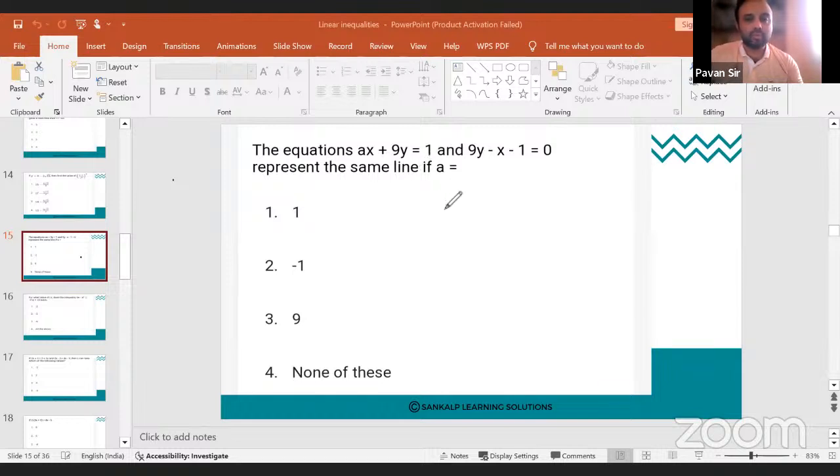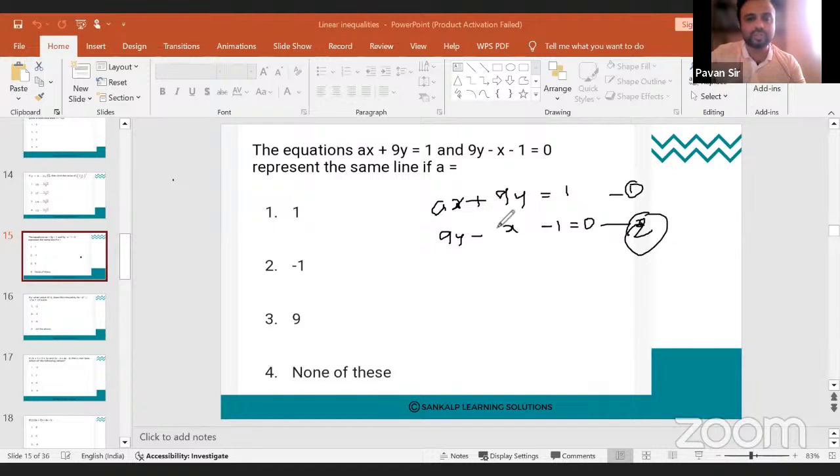Just write down both the equations. ax plus 9y is 1, this is the one equation. The second equation is 9y minus x minus 1 is equal to 0. This is equation number 2.